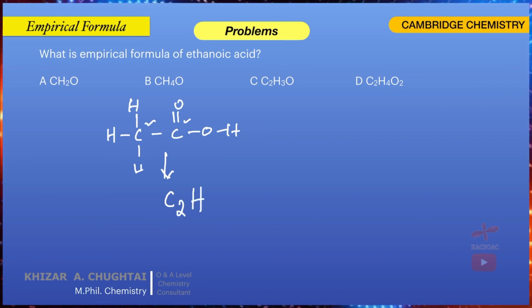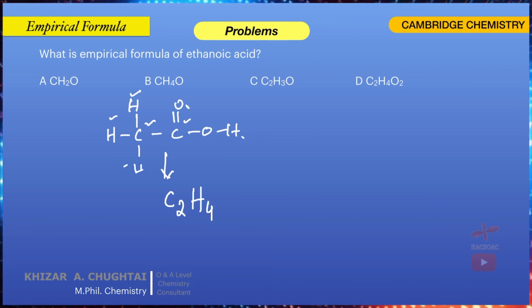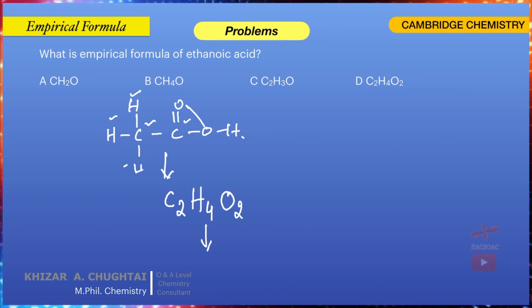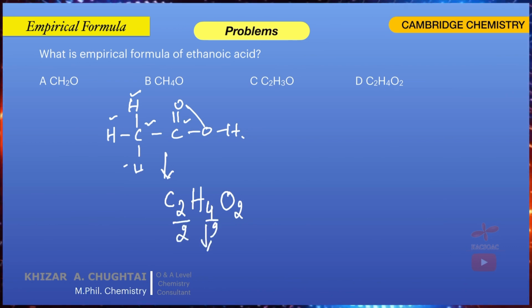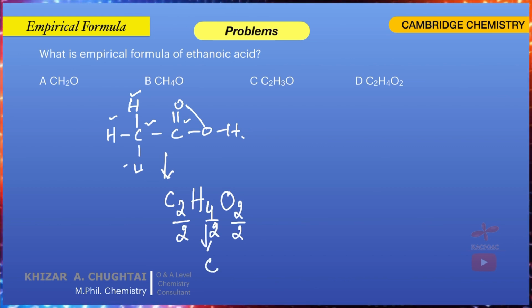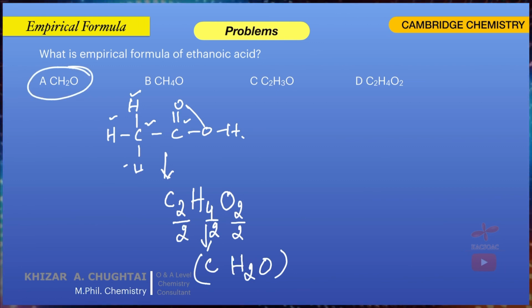How many hydrogens? 1, 2, 3, 4 hydrogens. 2 oxygens. Now I'm going to simplify it. Divide by 2, divide by 2, divide by 2. The highest common factor is 2. So the answer is CH2O. A is the correct option.